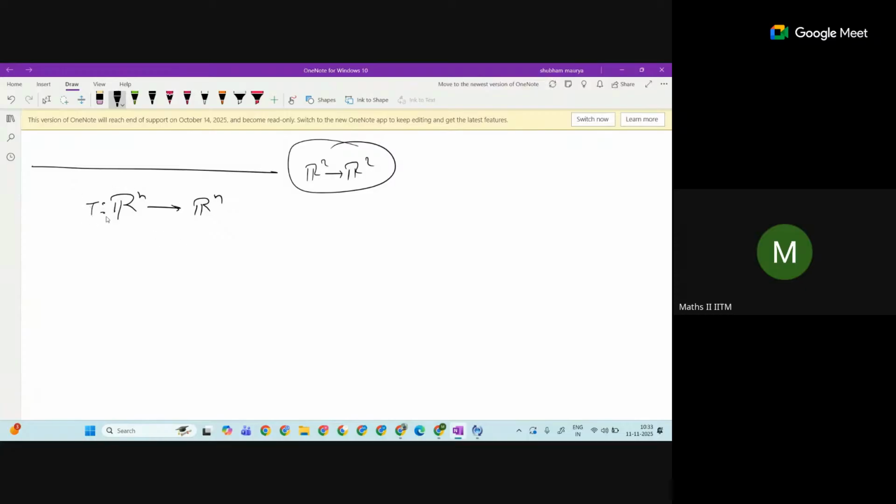If you have a linear transformation, then we can easily find its matrix representation. I hope you know how to find it. The order of the matrix is going to be n cross n.